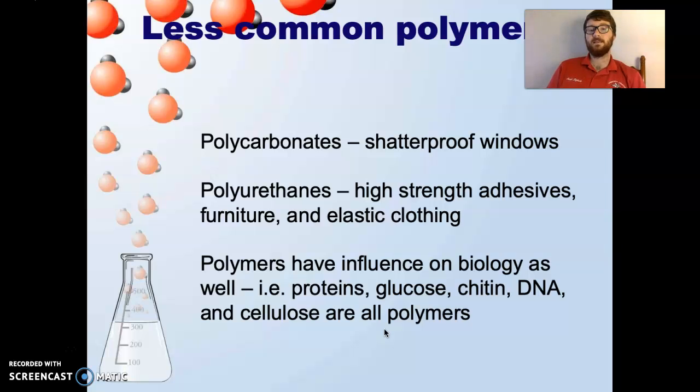Polyurethanes: adhesives, furniture, elastic clothing. Polymers had influence on biology as well. Some proteins are made of polymers that your body puts together. Glucose is C6H12O6. It's a large molecule.